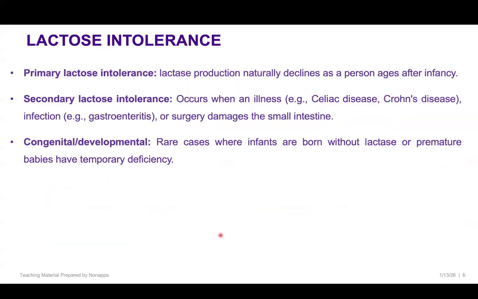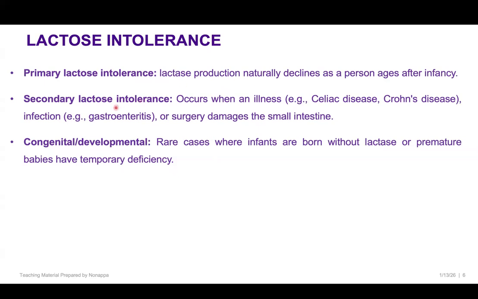There is more than one type of lactose intolerance. The first is primary lactose intolerance, the most often found case, where lactase production naturally declines as a person ages after infancy.